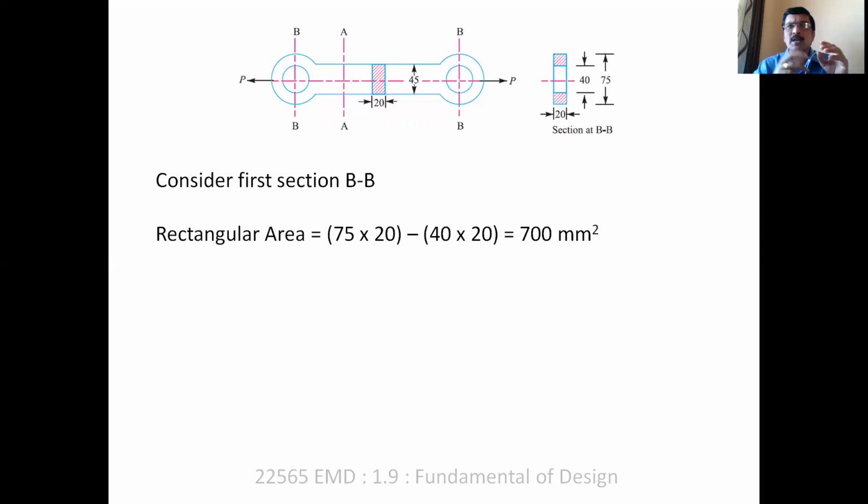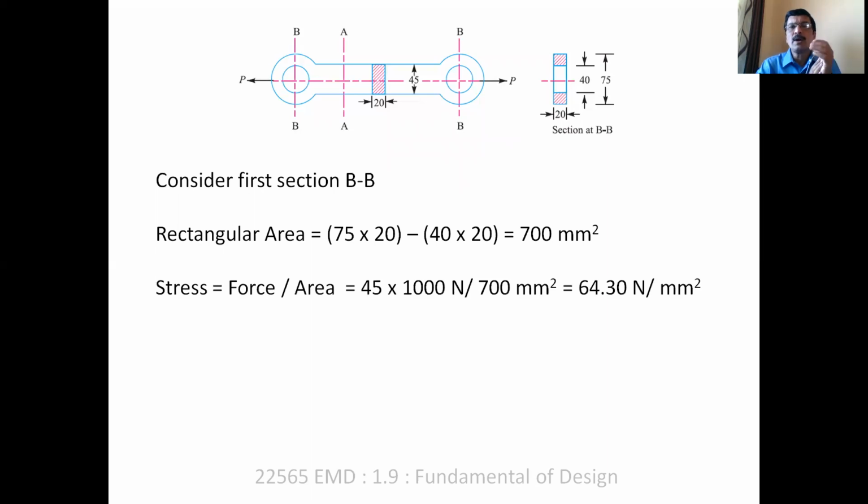If you just compare that with section AA, here the area becomes lesser. What will happen to the stress? That we'll see. Now again, stress is equal to force divided by area. Force is again the same, 45. The area is now 700 mm square. So look at the stress value.